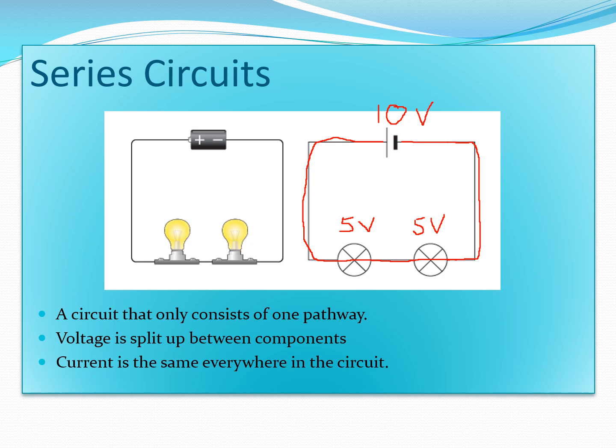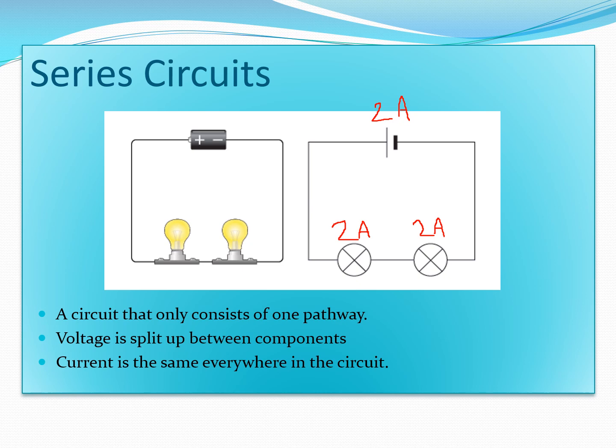Current though in a series circuit is the same everywhere. So if we get rid of this wee bit here for voltage, if we say there were 2 amps of current in the battery, that means down here in this lamp there's 2 amps as well, and in this one there's 2 amps.